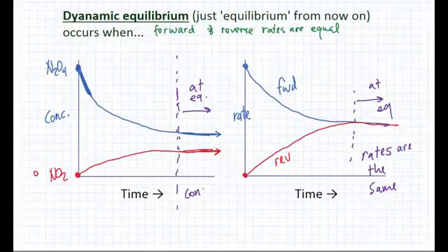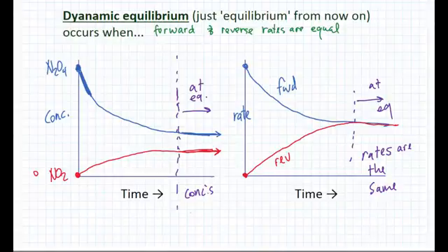Concentrations are not the same, but how could we describe what's happened to the concentrations at equilibrium? How would you describe that? They become constant.